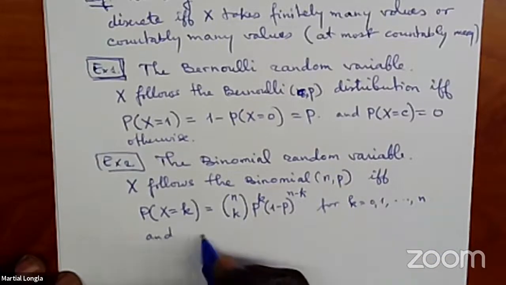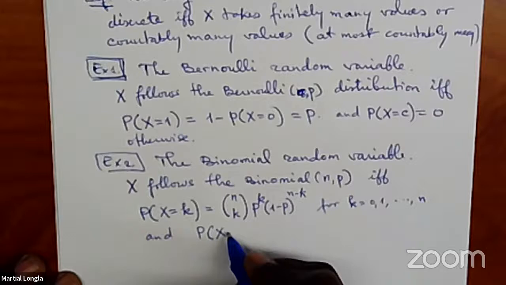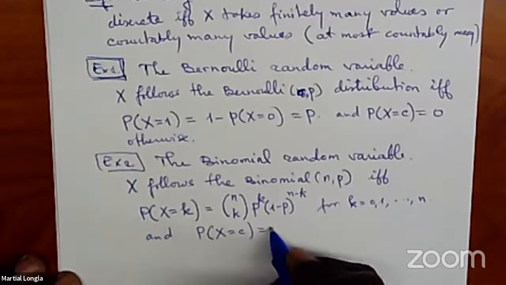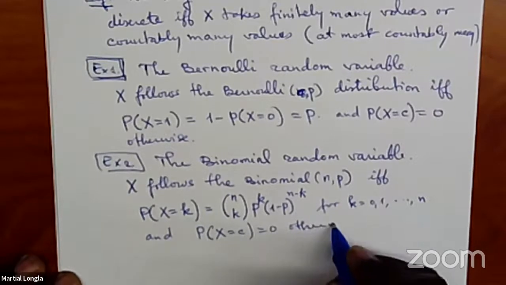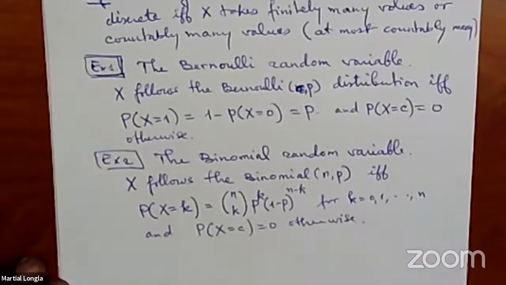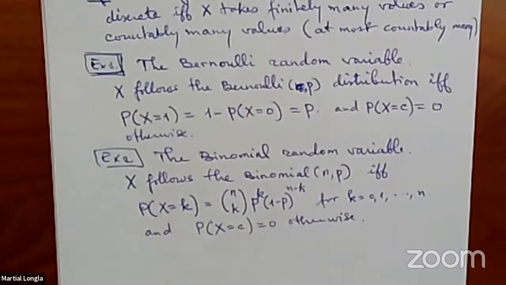And the probability that X equals c is 0 otherwise. So for any other points, the value of the probability is 0, except for integers between 0 and n.